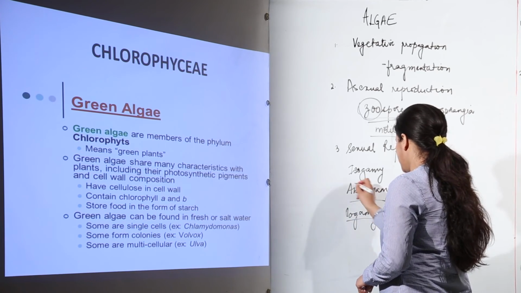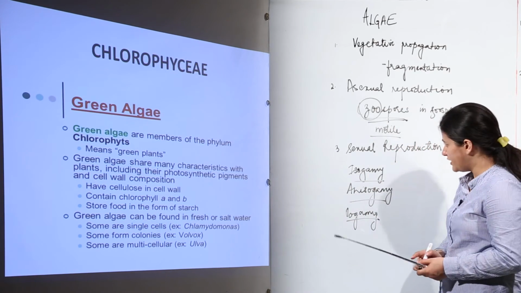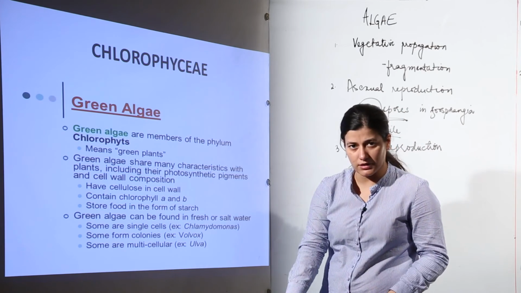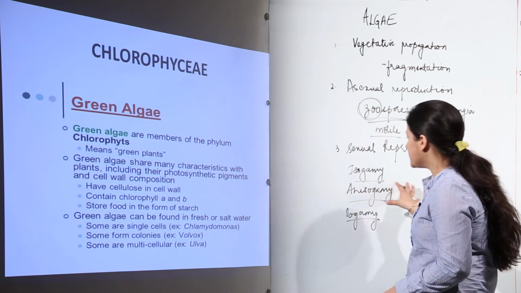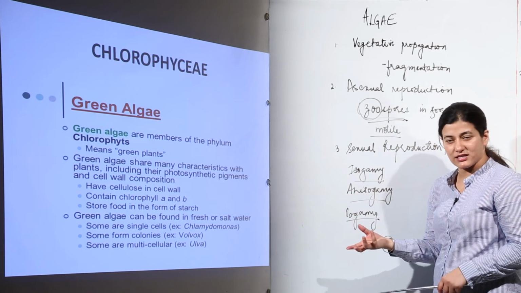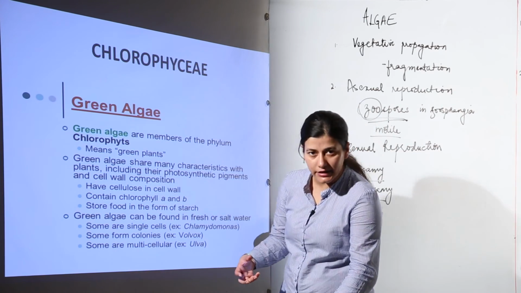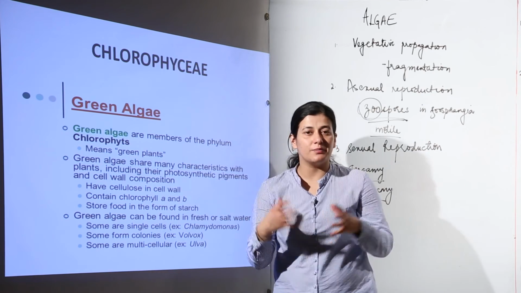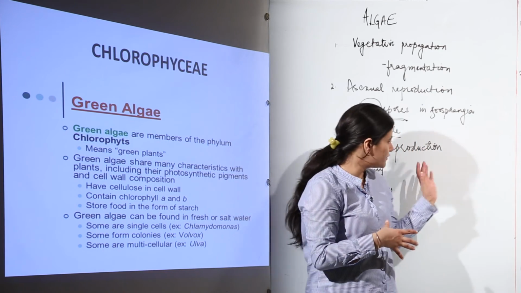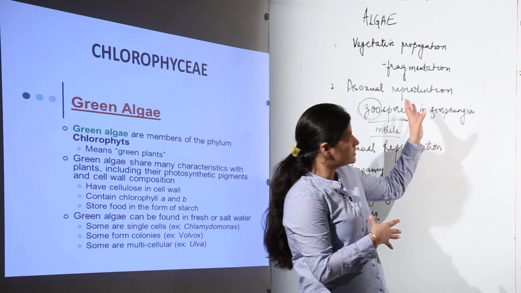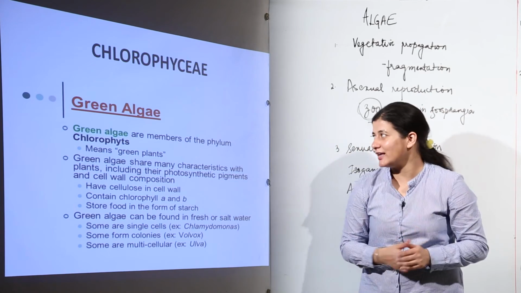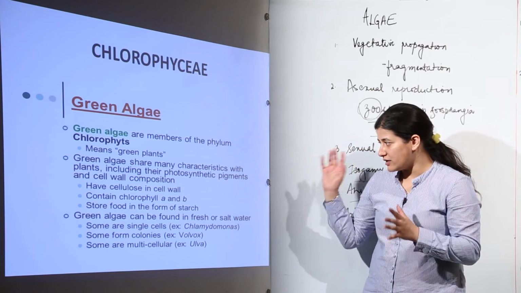We have discussed what these terms individually mean. Isogamy is when the gametes are of similar size. In anisogamy, the gametes would be of dissimilar sizes, and in the case of oogamy, we have a non-motile female gamete and a motile male gamete. The male gamete would come to the female gamete and fertilization would take place. So, this is about the reproduction in the case of green algae.